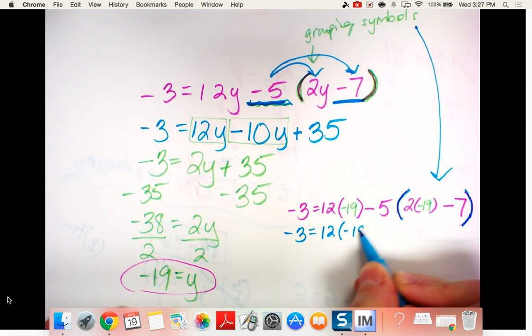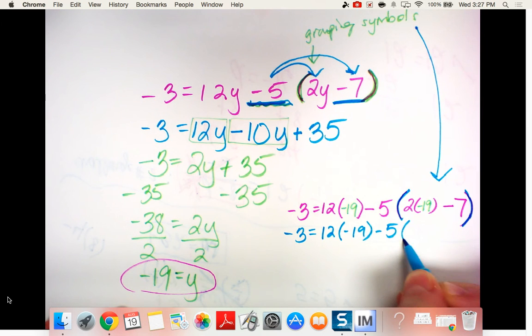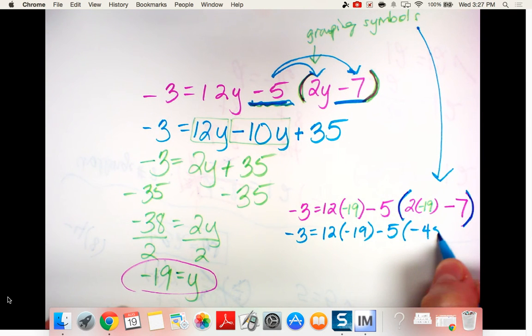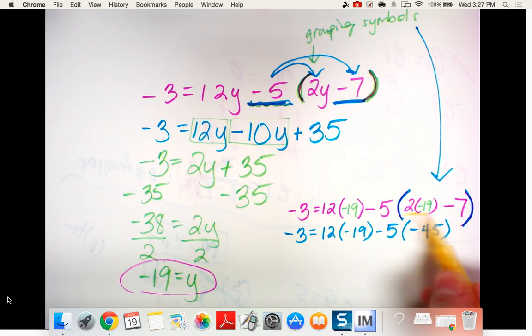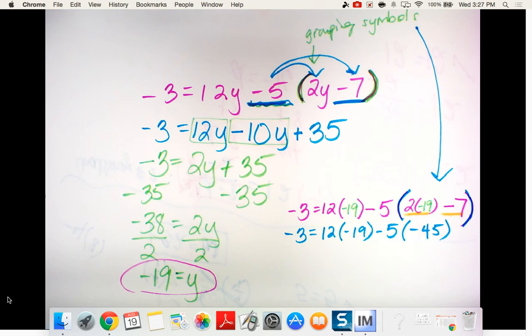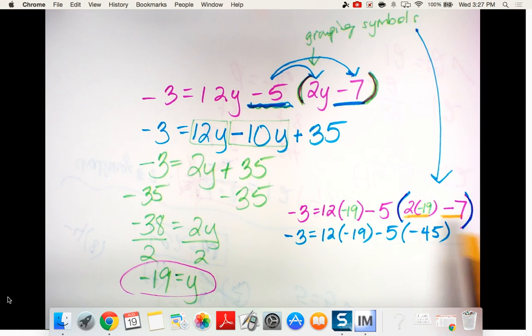So that's the very first thing I can do. Now, inside the grouping symbols, you also have to follow order of operations. So inside, we see that we have multiplication here and subtraction here. You have to multiply or divide before you can add or subtract. So that is why I multiplied 2 and negative 19 and then subtracted 7.